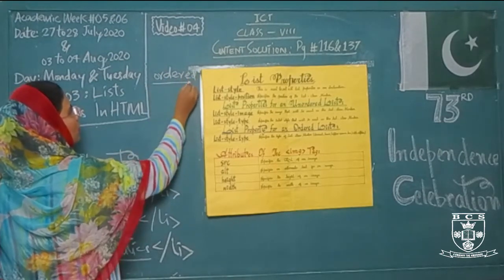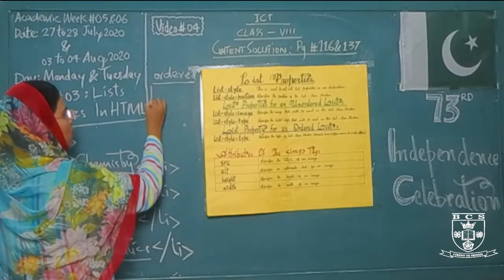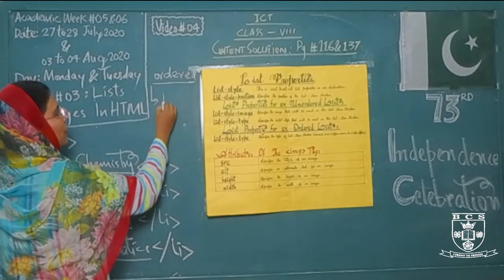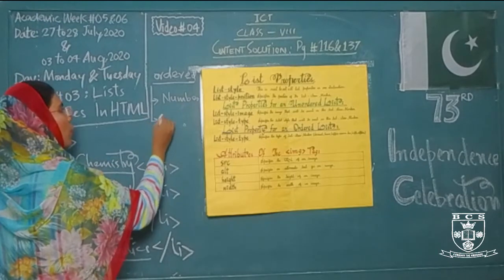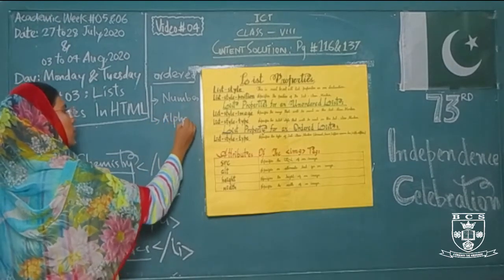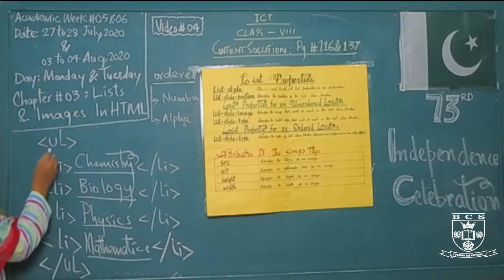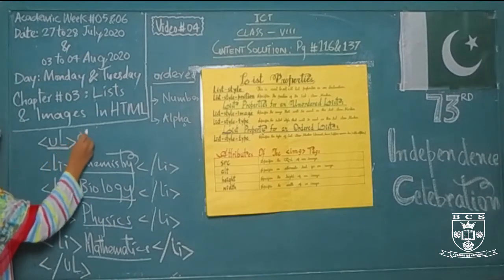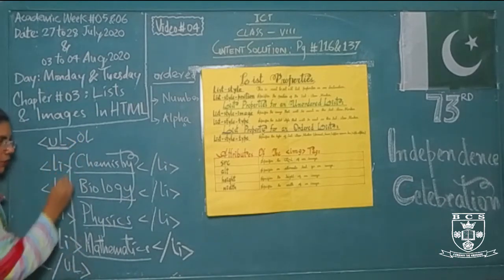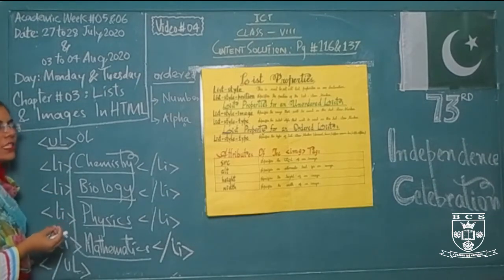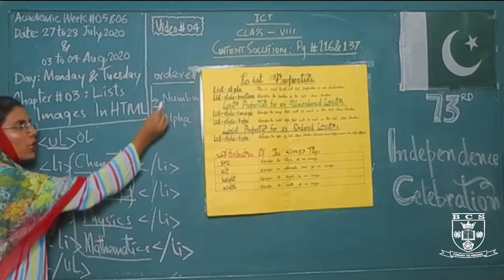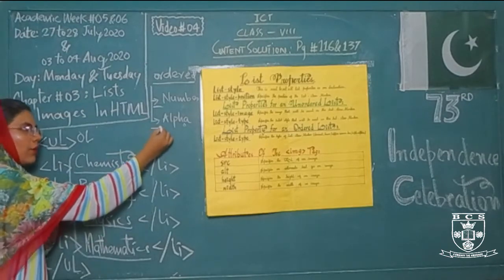Ordered list means it may be represented in the form of numbers, or it may be represented in the form of alphabets. If you are using the ordered list tag, the OL tag, all the items that we are mentioning will show their sequence in a particular form, in the form of numbers or in the form of alphabets.